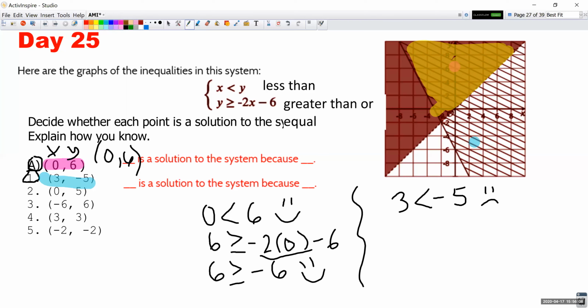Okay. So we write 3, negative 5 is not a solution to the system because it wasn't in the shaded region. You can also say algebraically, it didn't make the statement true.